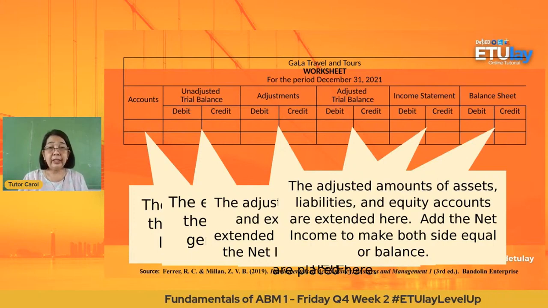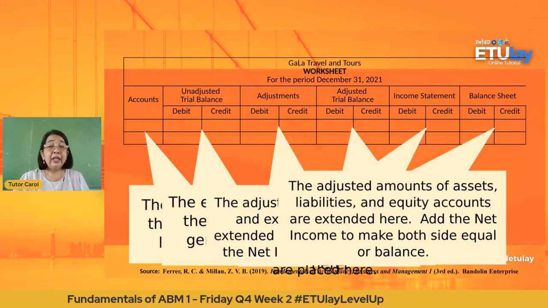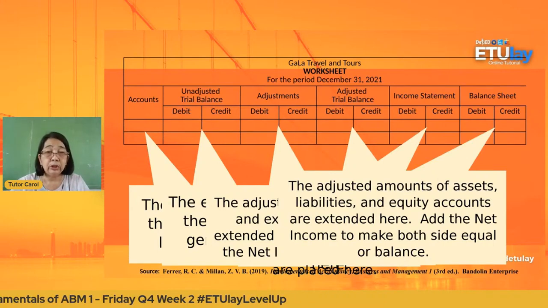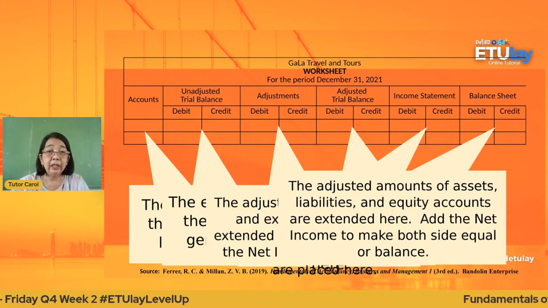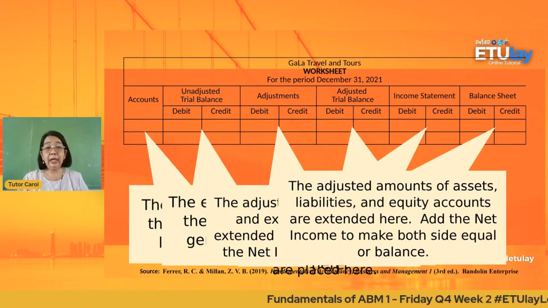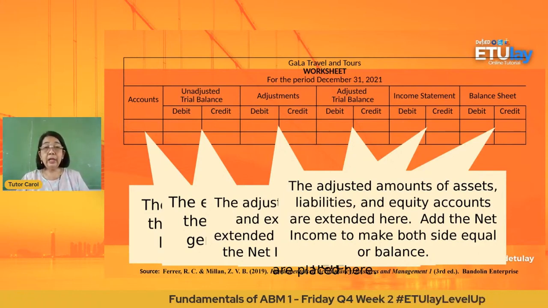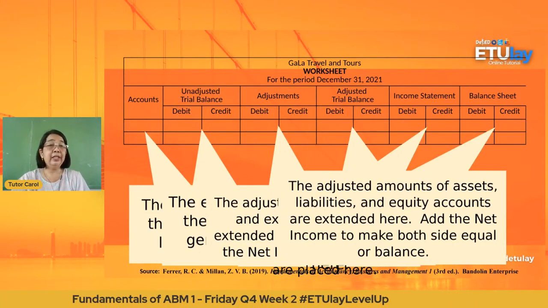Whatever is written in the adjusted trial balance, that is the amount that we will put in the income statement column and balance sheet column. Okay, next please.